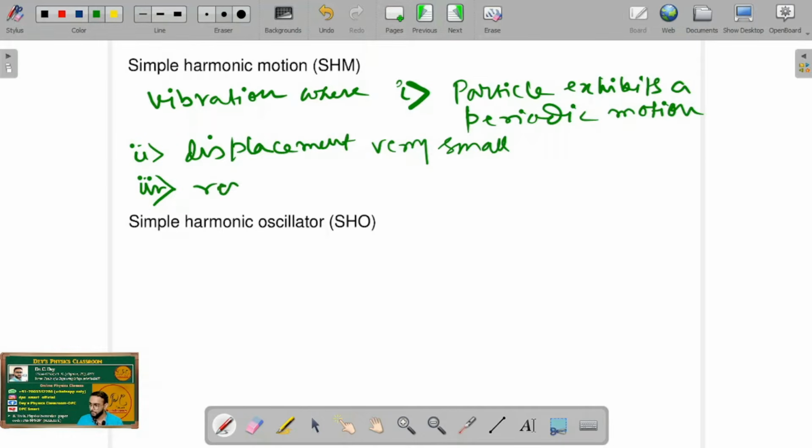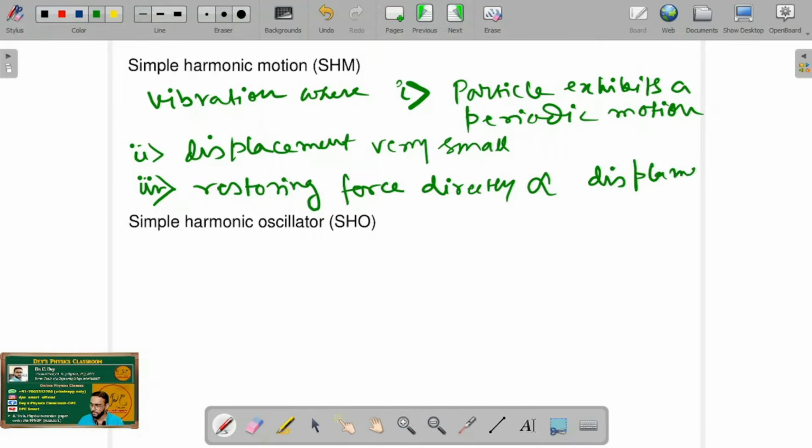Third condition, the restoring force is directly proportional to the displacement and oppositely directed towards the displacement.